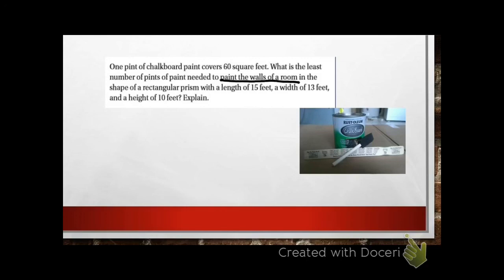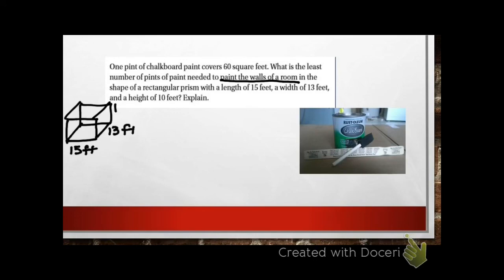So let's keep in mind if we had our rectangular room, and we are painting just the walls, then we have 4 walls that we have to paint. And it told me that my length is 15 feet. It says my width is 13 feet.